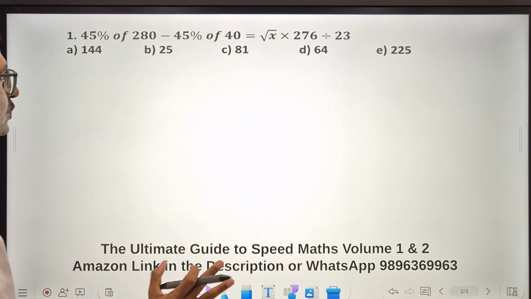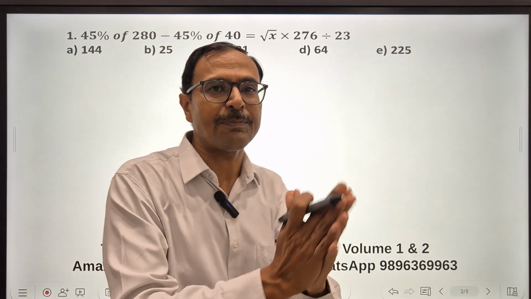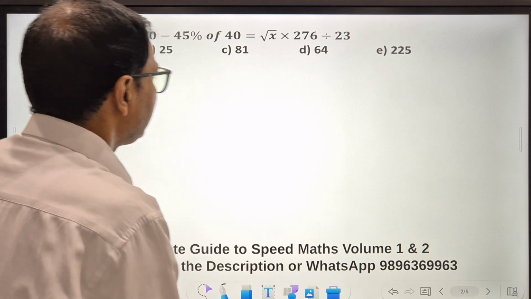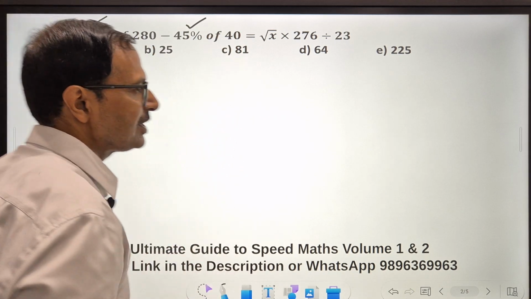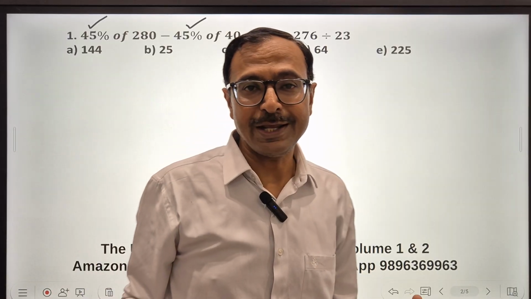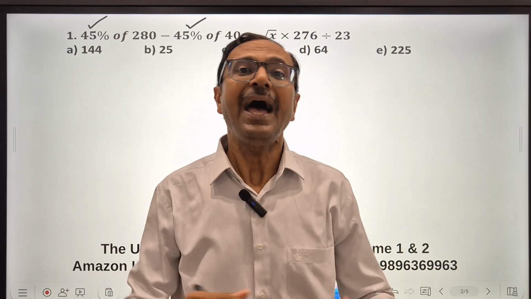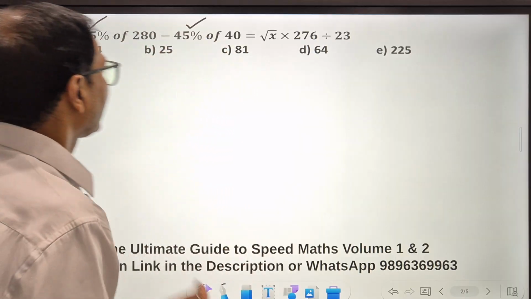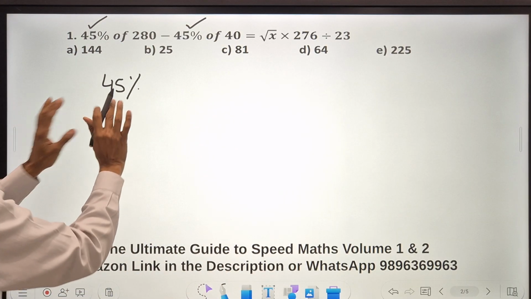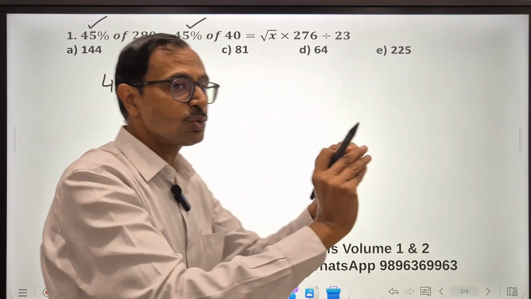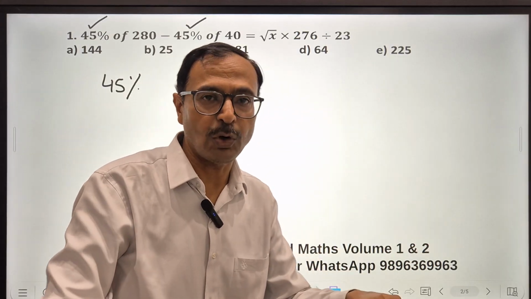Now, how many things we can do together in a single step? That is important. The first important thing is we have a 45% here and a 45% here. So we can actually take the 45% out as a common factor. So the question on the left hand side is just 45% of what? See, this is not to be written. I am writing it just to show you that this is the step we have to follow.